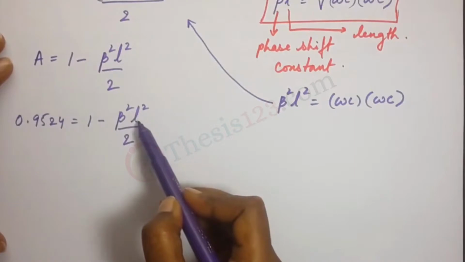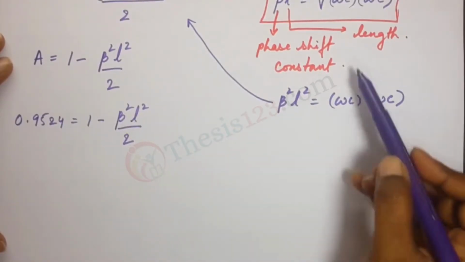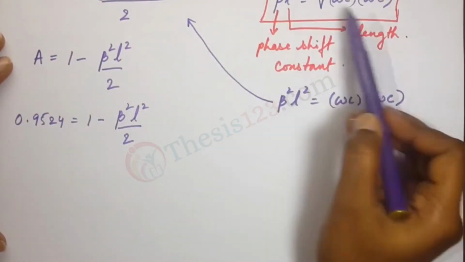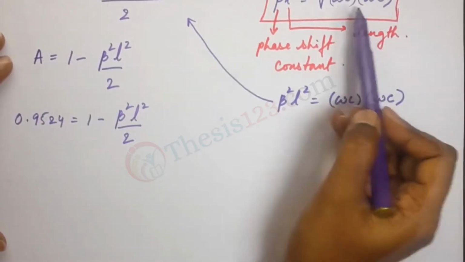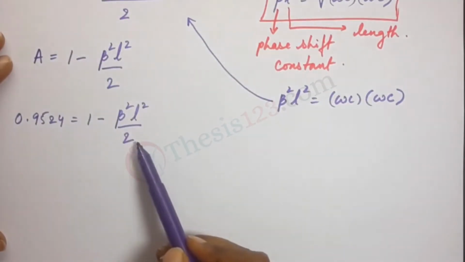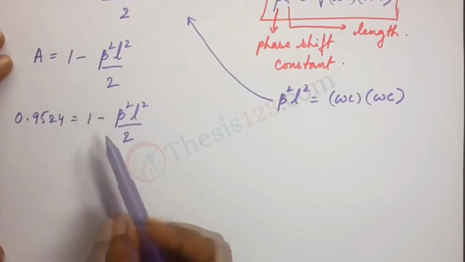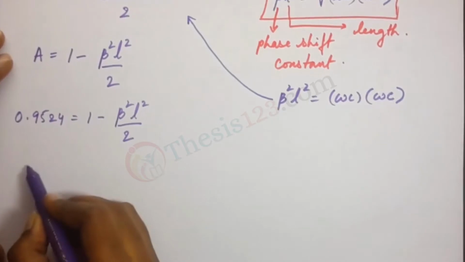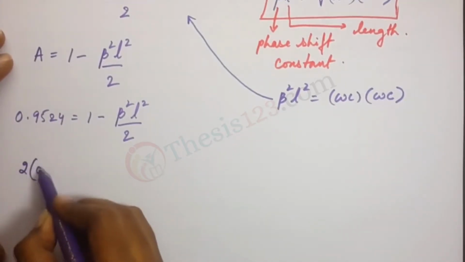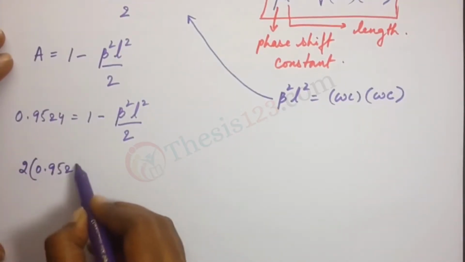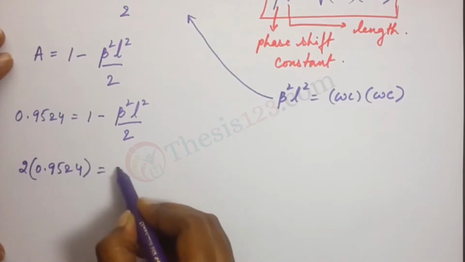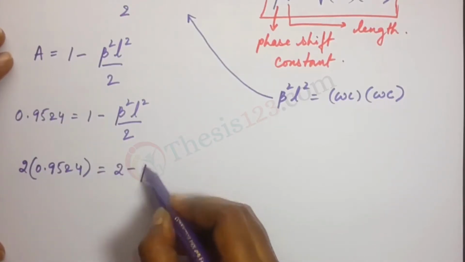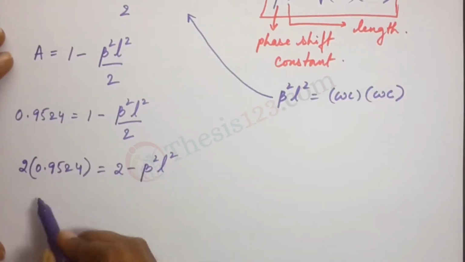Now because we are looking for L, I used this formula here and then substituted that in terms of A to get this. So let's cross multiply and try and get it in terms of beta first. So here we have 2 into 0.9524 is equal to 2 minus beta square L square.